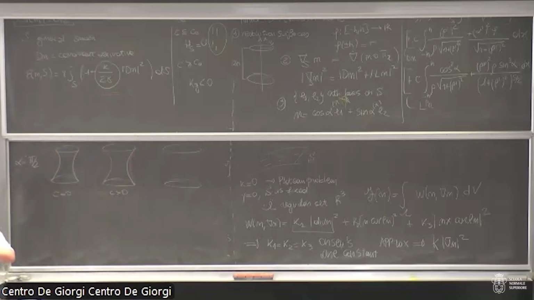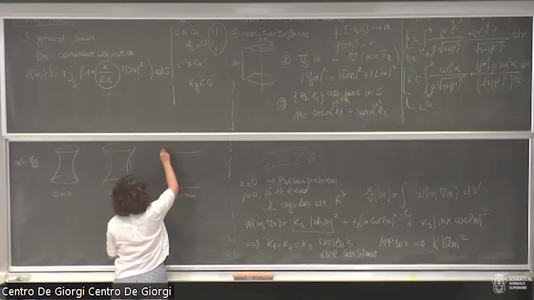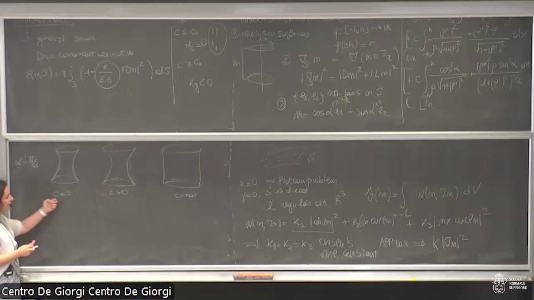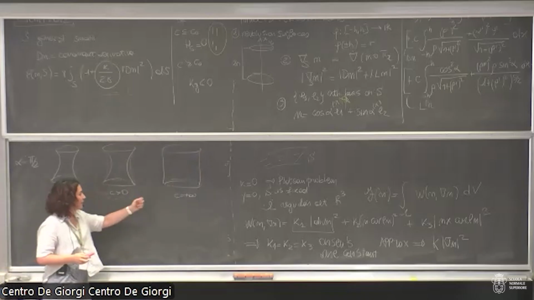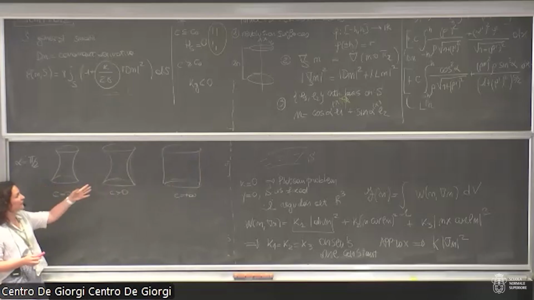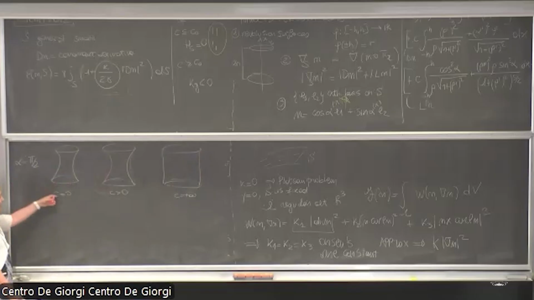So let's say it is a fatter catenoid. And for c equal to plus infinity, you get the cylinder. So in some sense, every time you switch on the nematic contribution, you get a different behavior of the solution with respect to the case c equal to 0.